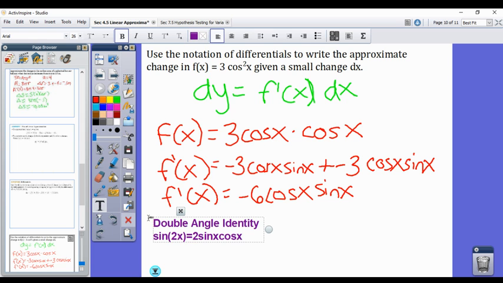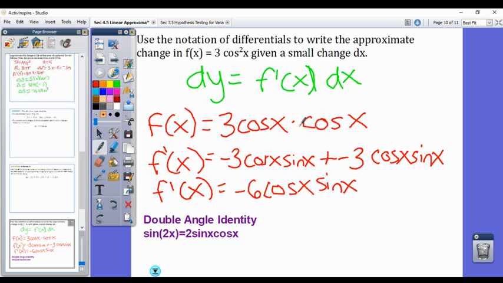So using that, I can simplify because I've got a sine x cosine x here. All I need to do is divide this negative 6 by 2 to get what is left over in front of my sine 2x. In this case, it's negative 3. So we simplify this to be negative 3 sine 2x.